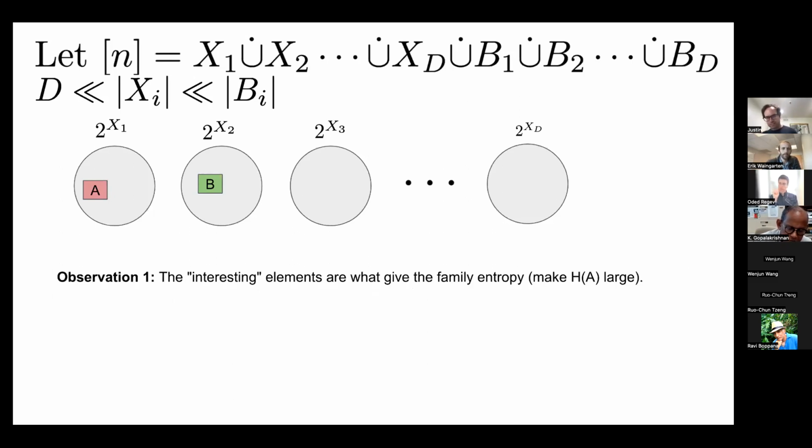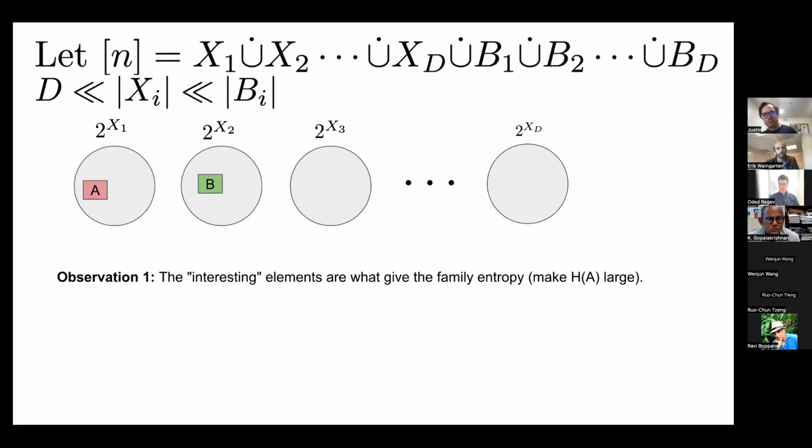So there are 2 observations. The first observation is that obviously the interesting elements are the elements in the xi. The b's are not interesting, but what makes them interesting is that they're the reason why this family has entropy. The reason why we have different sets at all is that sets need to disagree on elements, and these xi's are where most of the disagreement happens.